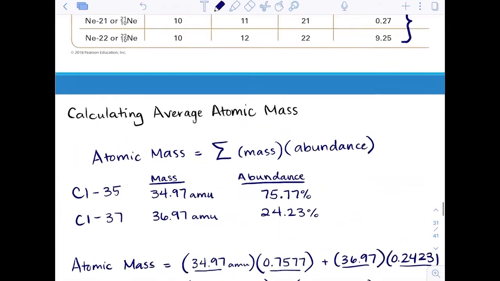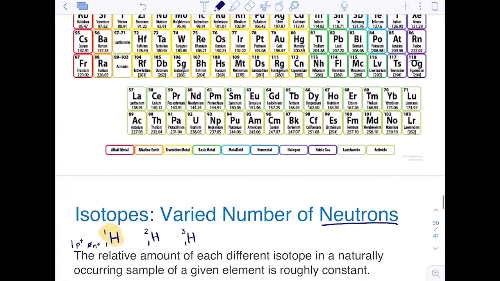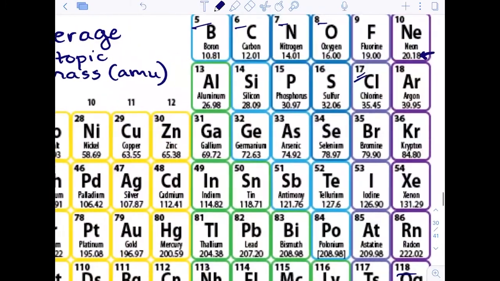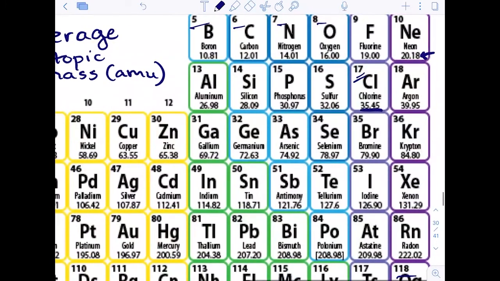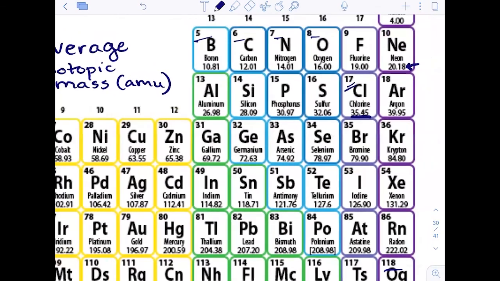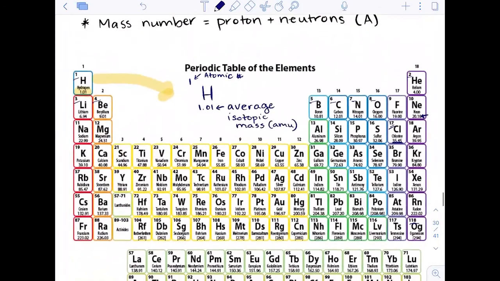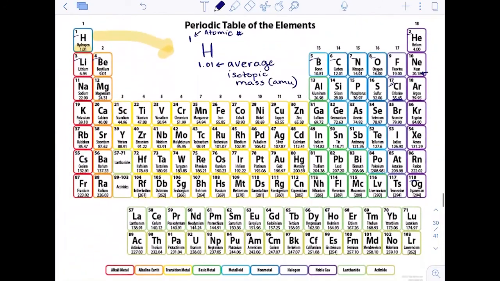Let's go back and let's check. There it is. Now, these numbers do get updated on a regular basis. People are doing more accurate techniques to determine the actual average abundances of isotopes. So don't be alarmed if the periodic table you have is slightly off.